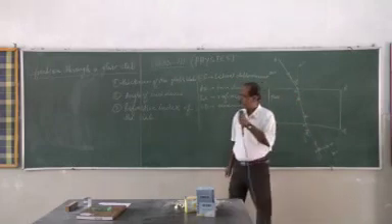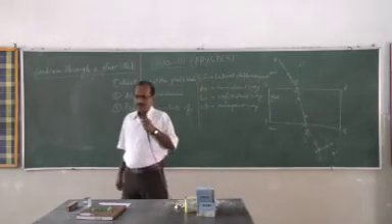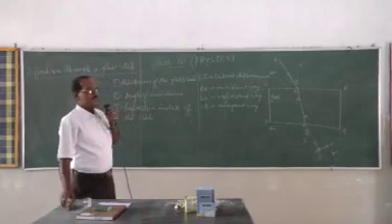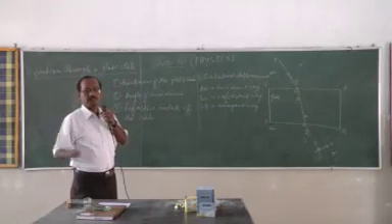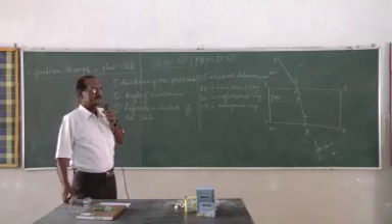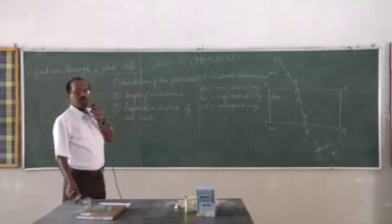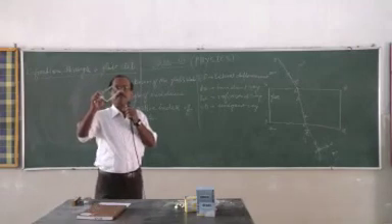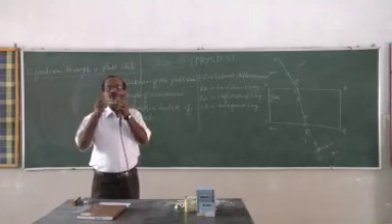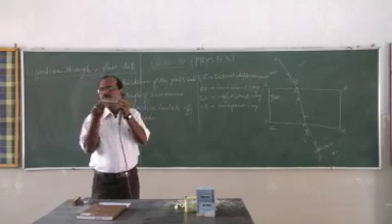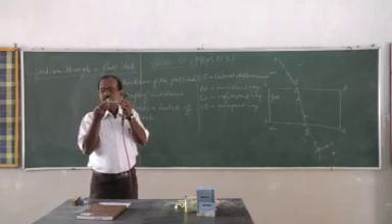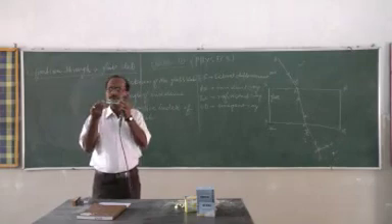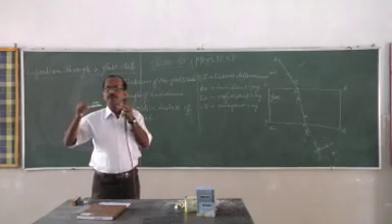Now, next is multiple images formed by a thick mirror or thick glass. If the mirror is made up of thick glass, say this is thick glass, and the lower portion is silvered, then it will behave like a mirror.